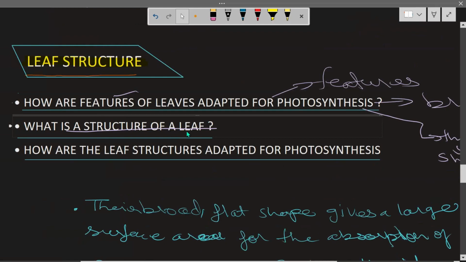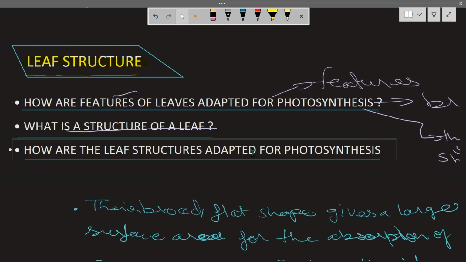And what is the structure of a leaf, how it is built: first there is the cuticle, then epidermis, then palisade mesophyll, then spongy mesophyll with spaces, and then there is a vascular bundle, and below it a lower epidermis, and in that lower epidermis there are stomata, which are made by the guard cells joining.